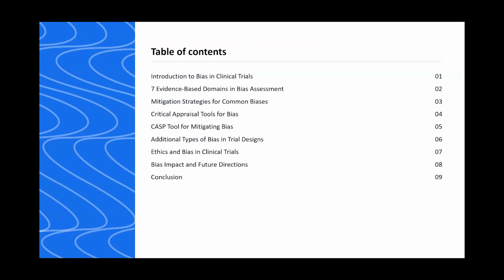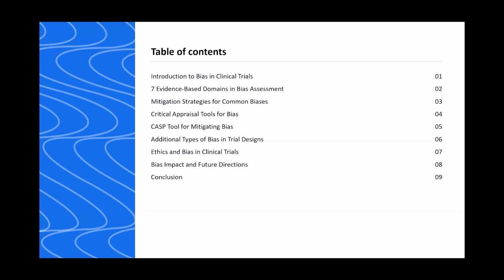So, here is a roadmap for our discussion today. First, we will introduce the concept of bias in clinical trials and explain why it's critical to understand and manage. We will examine the 7 evidence-based domains for assessing bias and discuss practical strategies for how to mitigate the common types of bias.